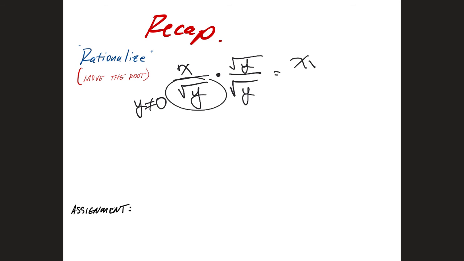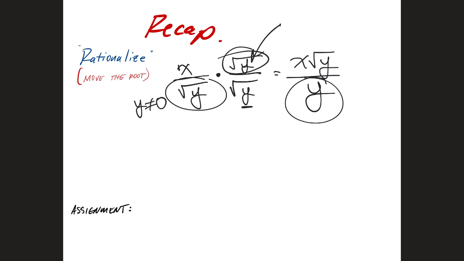And that puts our radical in the numerator, and it cancels it out of the denominator, and we're just left with the radicand. Okay. The reason we do this is because this is a rational number. This is not rational. So we want to have a rational number in the denominator. That's why we call it rationalizing. We're just moving the root from the denominator here into the numerator.